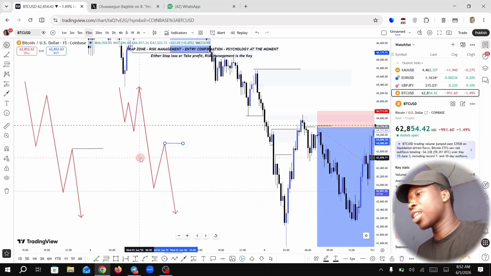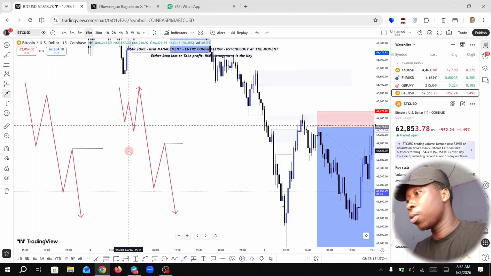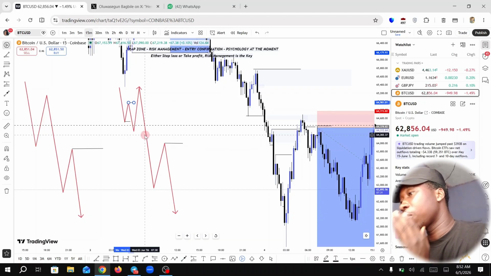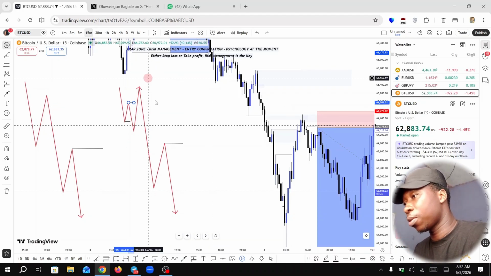So in a case like this whereby market took out a low right here, and then it broke this particular high right here, there's high chances the market will be using a fair value gap or an order block or a breaker block on this particular one right here.